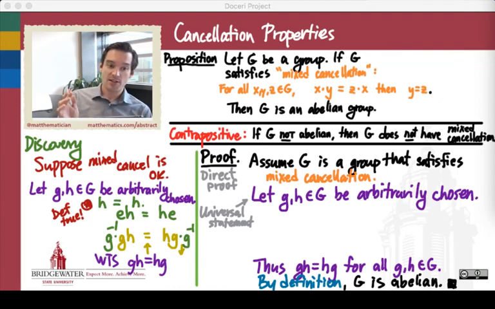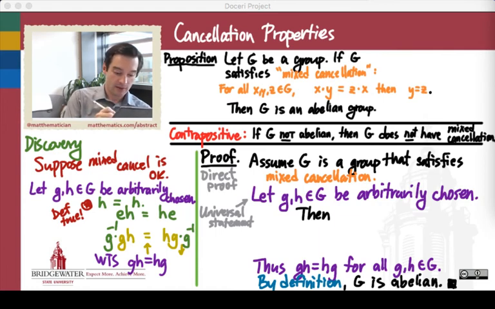All right, so let G and H be arbitrarily chosen. Now we'll fill in these lines from my scratch work on the bar napkin. Then by the identity property, and I'll write my equations over here on the right side of the screen.